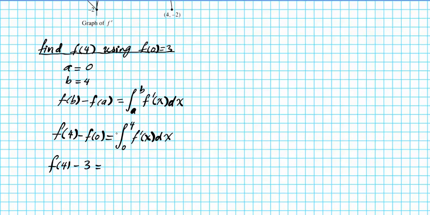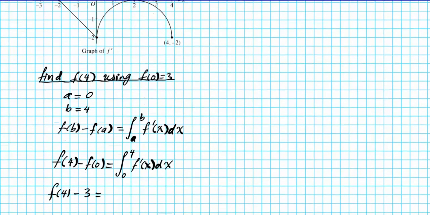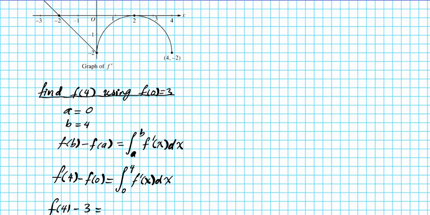Now, this integral right here basically represents the area, this area right here. See this area? The area between this semicircle and the x-axis. Okay? So what this basically is, is a rectangle. You have a rectangle, which represents that entire region.